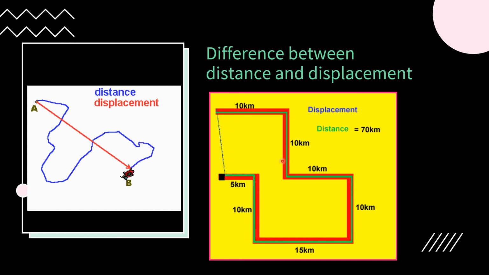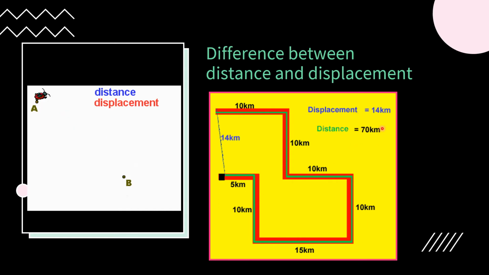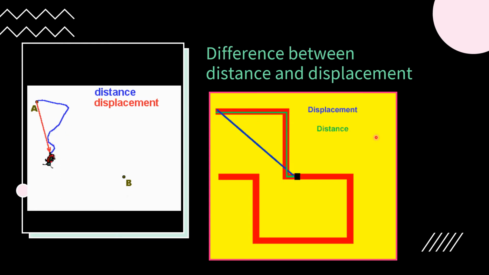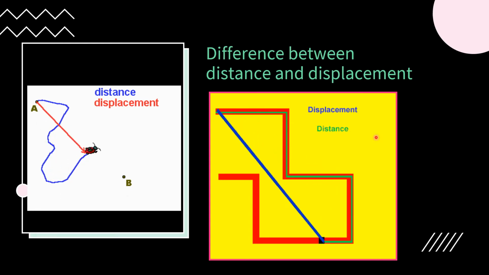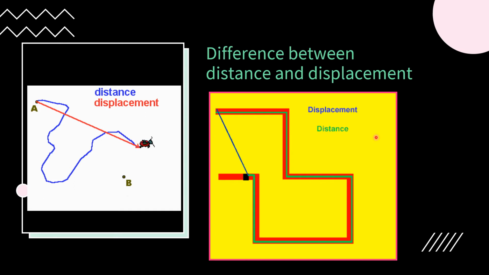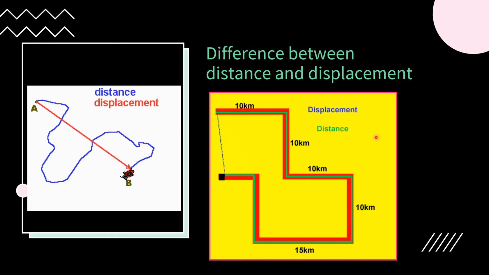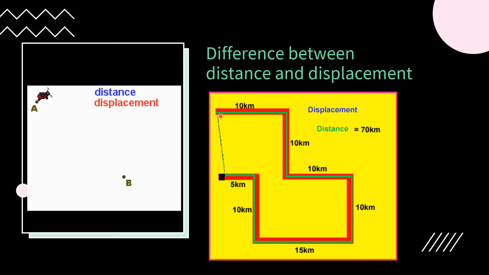But the actual distance covered, which is a long path, is about 70 kilometers. So from this, we can understand the difference between distance and displacement. Distance is the actual path traveled, where displacement is the minimum distance between the starting point and the finishing point.